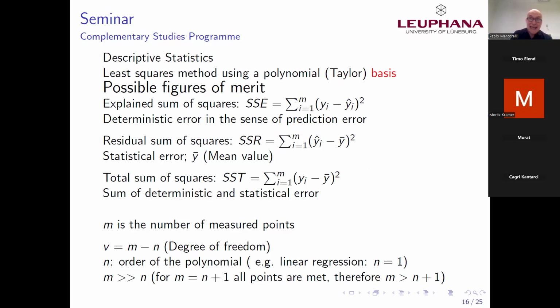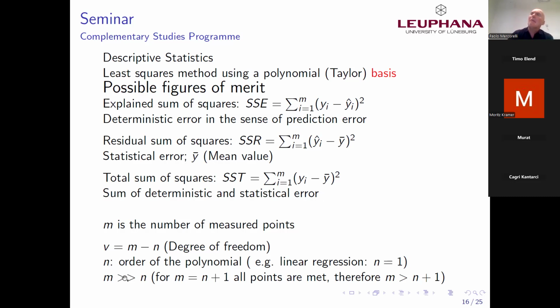M minus N we called the degrees of freedom. We can understand it from high school, I think. M is the number of measured points. It is the degrees of freedom in the sense that you can look at this.